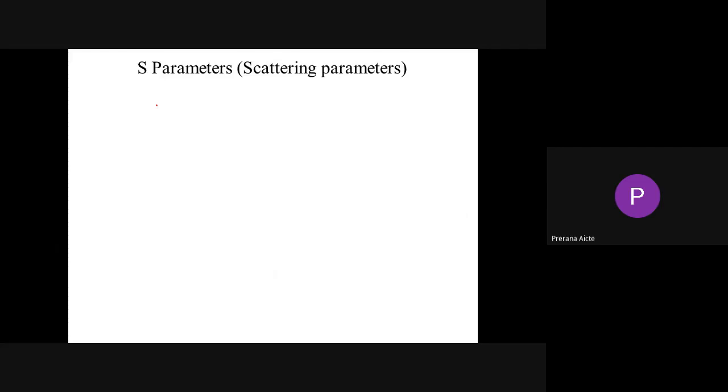S parameters are used to describe how energy propagates through an electrical network. And these S parameters can be calculated by using the S box.